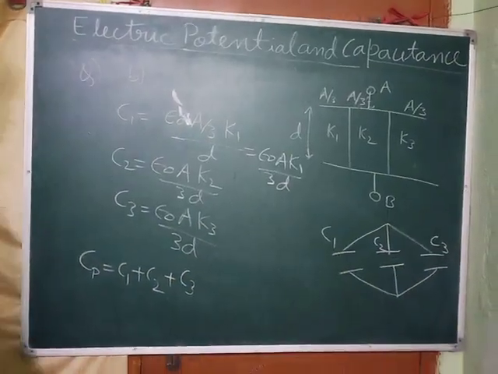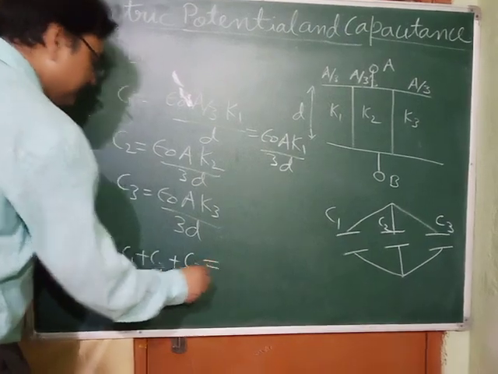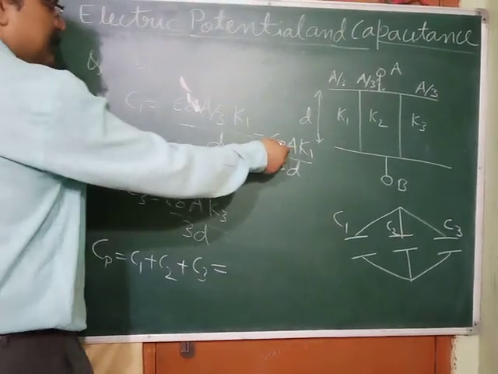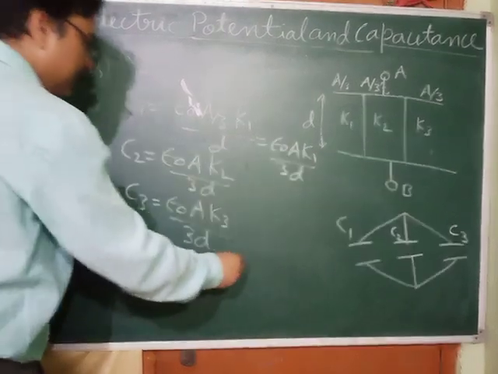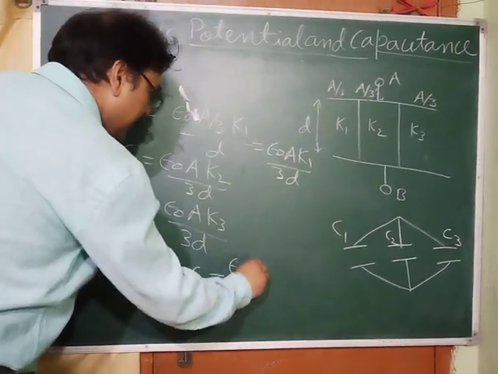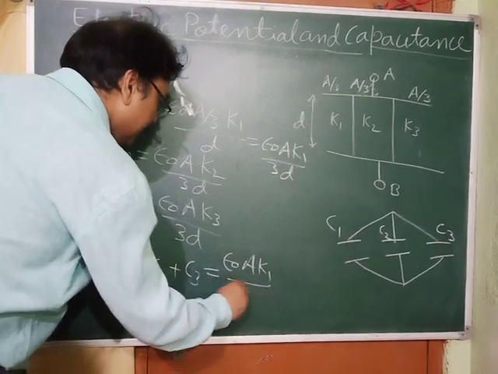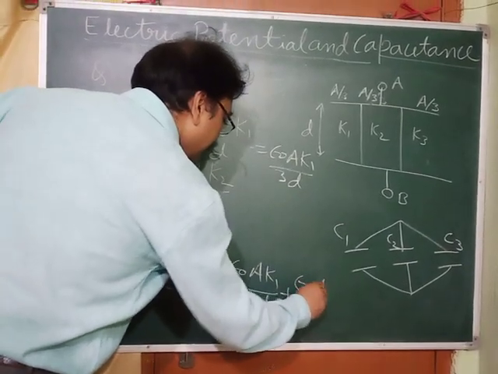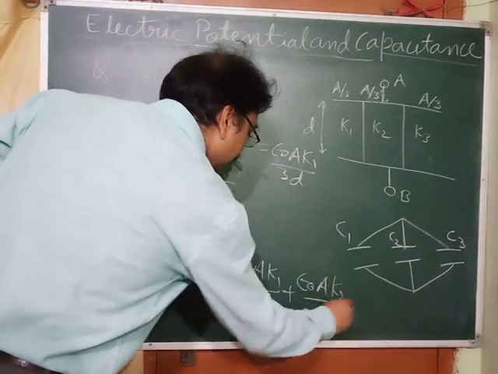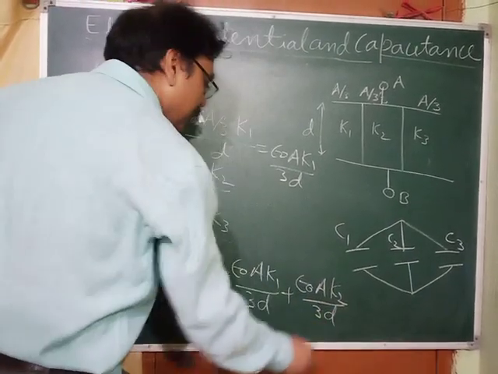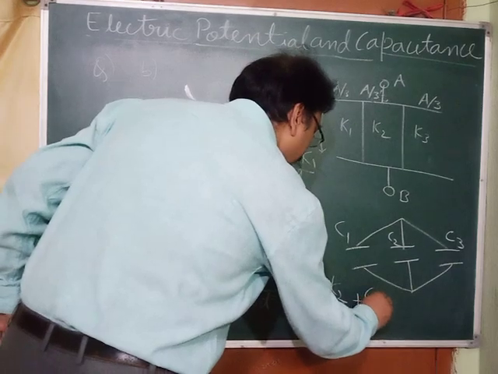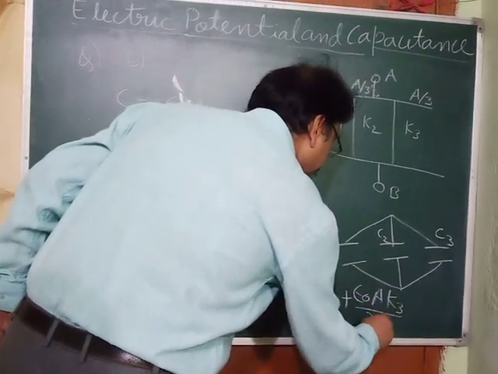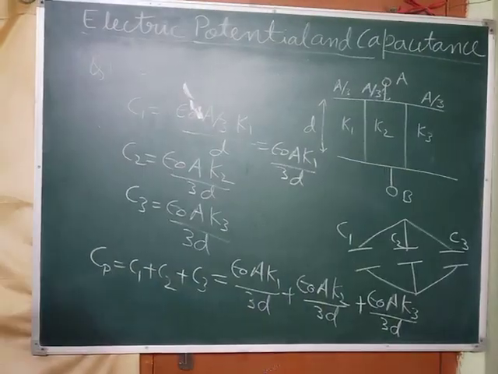Simple one, no? So we can put the values. C1 is epsilon naught A K1 by 3D, plus epsilon naught A K2 by 3D, and then again plus epsilon naught A K3 by 3D. This we got.